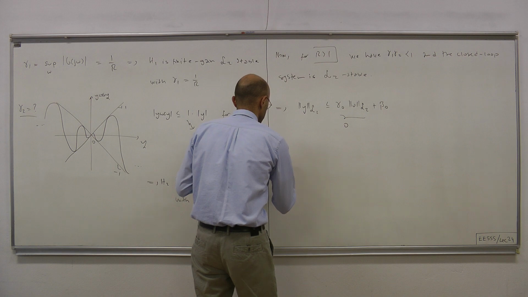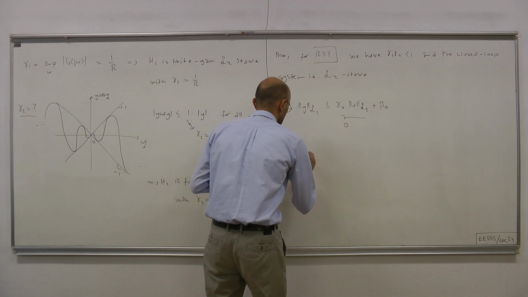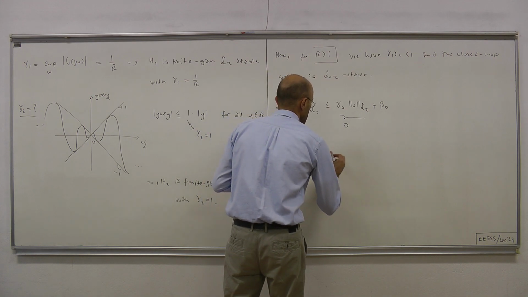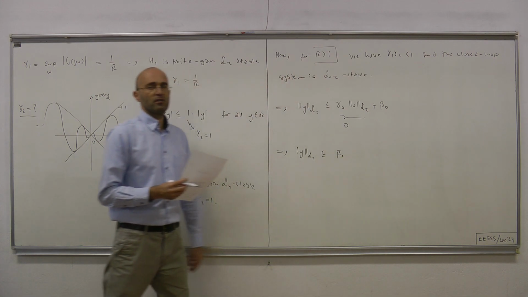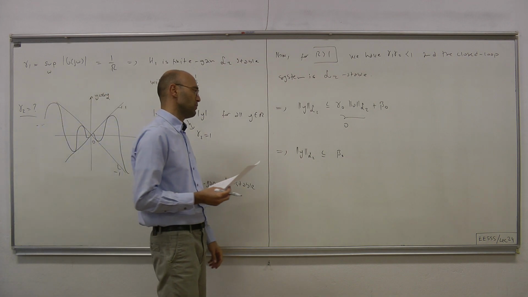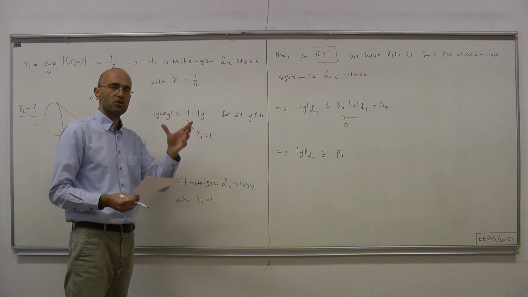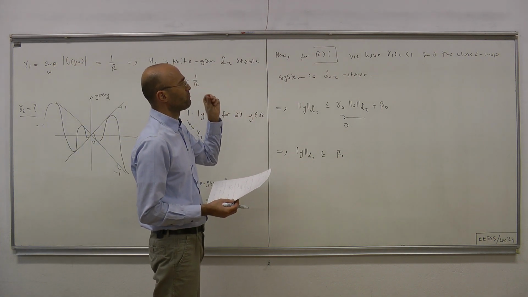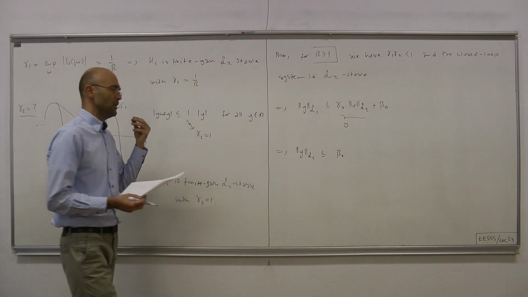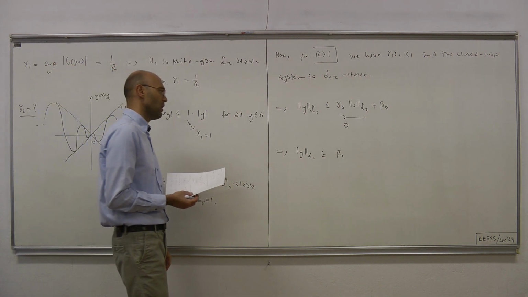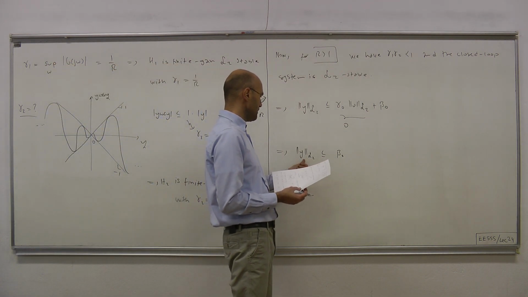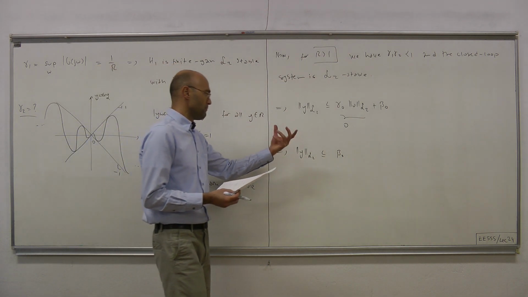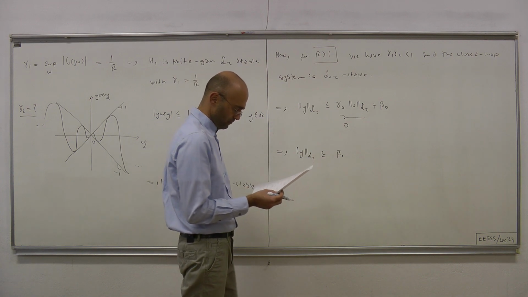That would imply that the L2 norm of y is less than or equal to some constant at all times, and that constant depends on the initial conditions. But nevertheless, once the initial capacitor voltage and initial inductor current are fixed, then the L2 norm of the output is always less than some fixed constant beta 0.